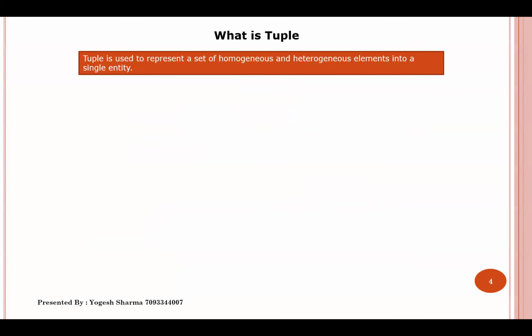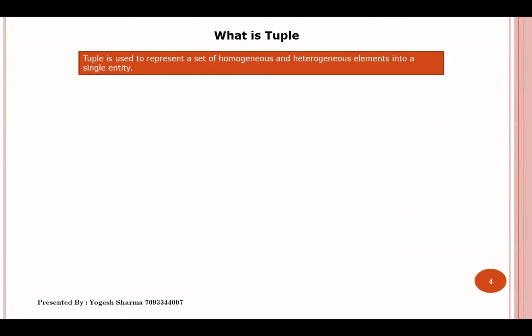As you guys already know, any collection is able to keep homogeneous as well as heterogeneous elements. And you already know the meaning of homogeneous and heterogeneous, which I already explained.